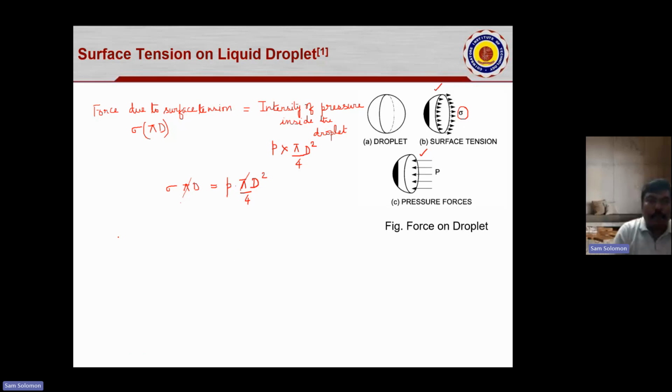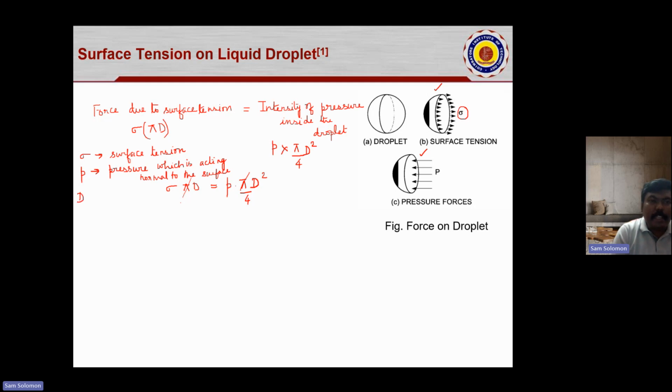So if you want me to write that, sigma represents surface tension. P represents the pressure, which is acting normal to the surface. Normal to the surface means perpendicular to the surface. That is what we mean here.